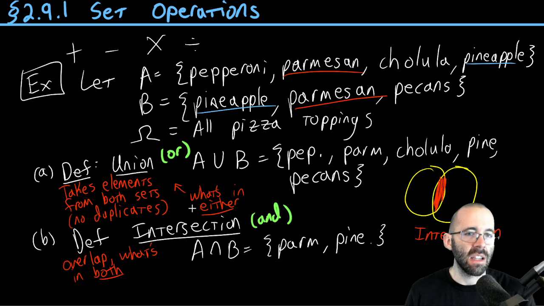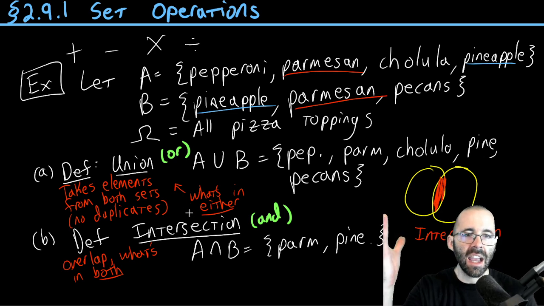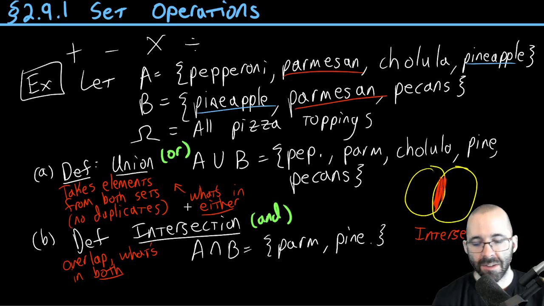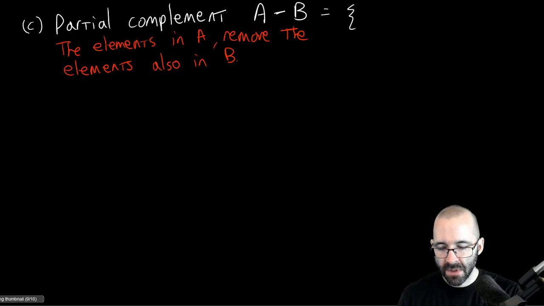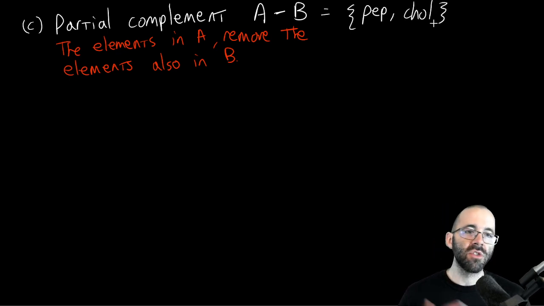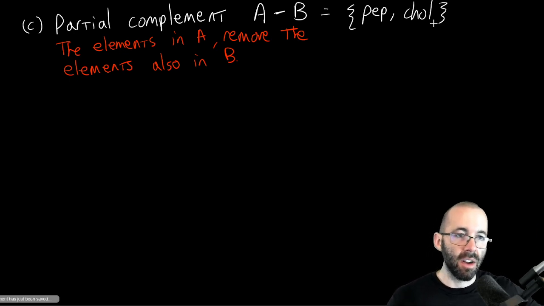So it'll just be pepperoni and Cholula that's left once we take A and we subtract out B. Okay? So it's just pepperoni and Cholula. In other words, what does Jason like on his pizza that Kendra does not also want on her pizza?